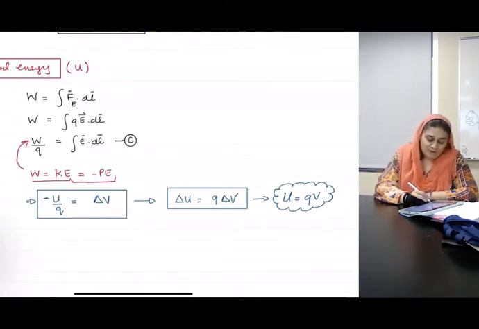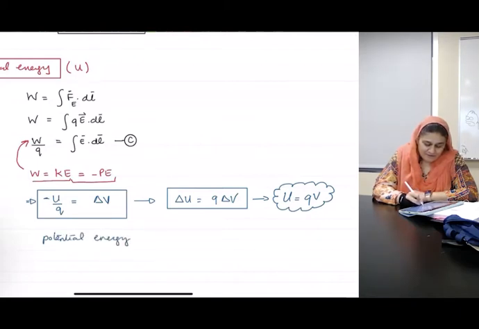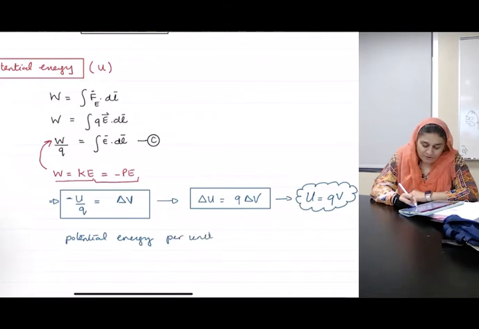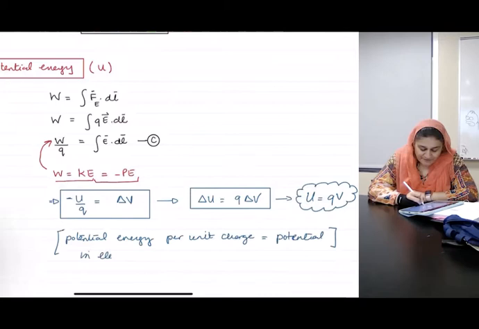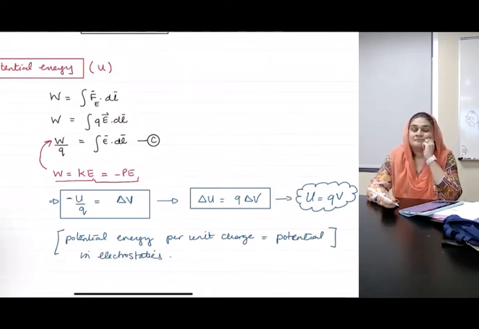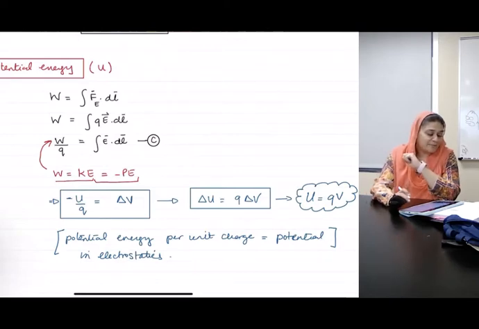So in words, potential energy per unit charge is equal to potential in electrostatics.